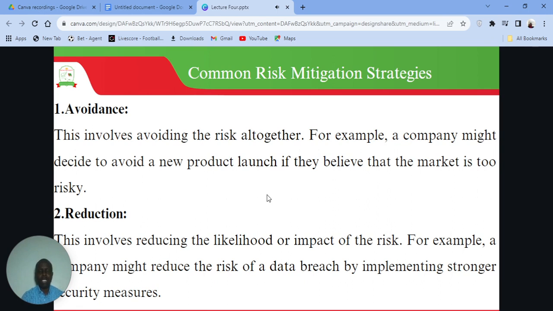So reduction means we can strengthen our technological systems. Maybe we have seen something that might put us in trouble in terms of cyber security. So we can enhance the systems that we have, to prevent it from happening.